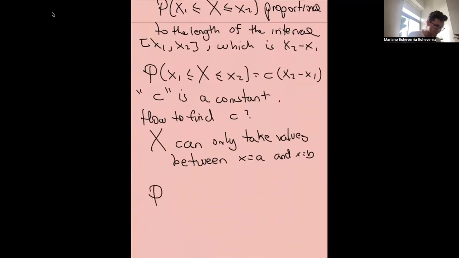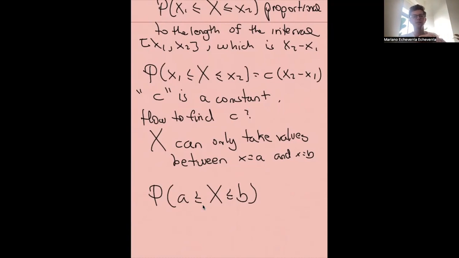So what should this probability be based on what I just said? What should be the probability that x is between a and b? You are jumping a little bit ahead, because that will be the probability density function, which is not quite the same as the probability itself.